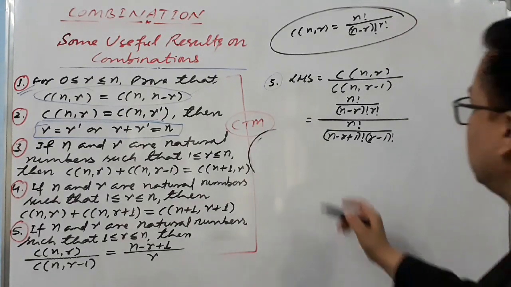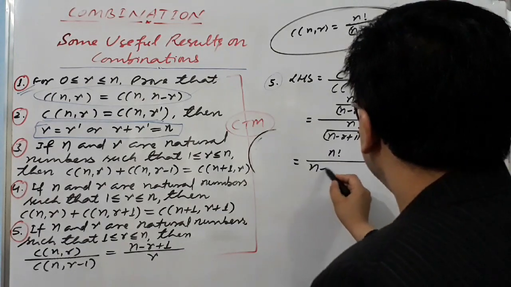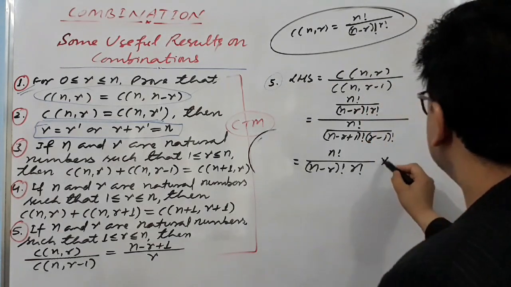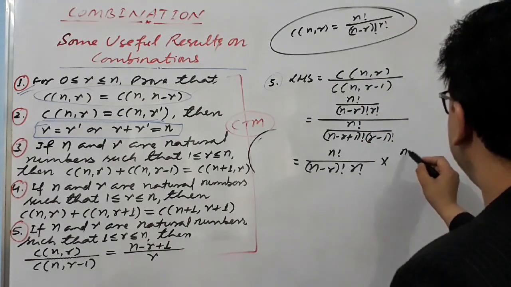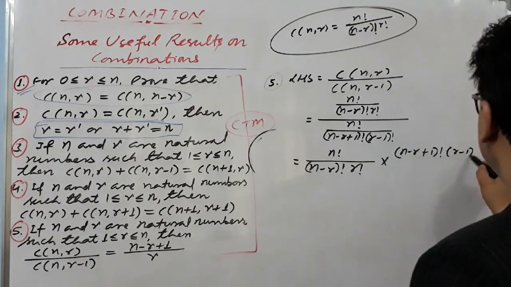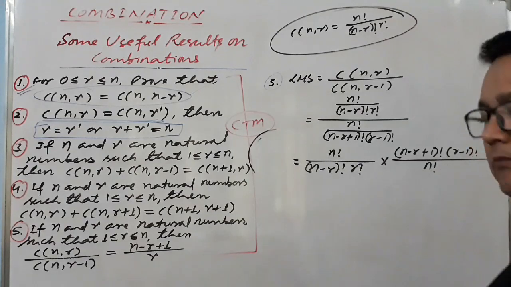No problem here, this is equal to n factorial over n minus r factorial times n minus r plus 1 factorial, and here r minus 1 factorial over n factorial.